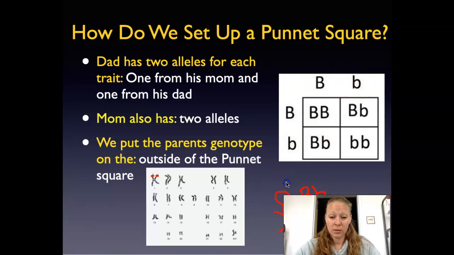So this is this guy right here. We're going to put him up here. And we have the mom over here, and we're going to put her, let's give her a little dress, really cliche. Here we go. And we're going to put her genotype on the outside as well. So the mom and the dad's genotype are on the outside of the Punnett Square.